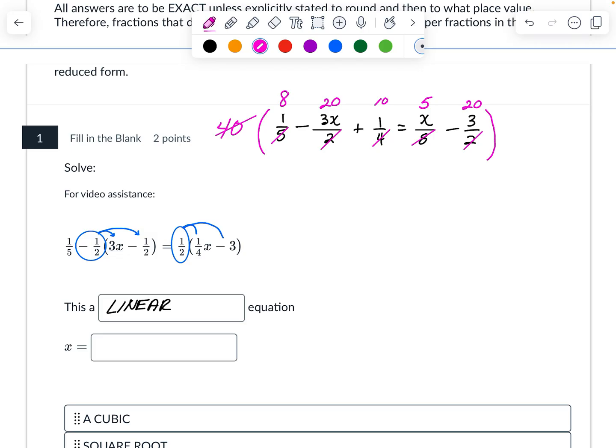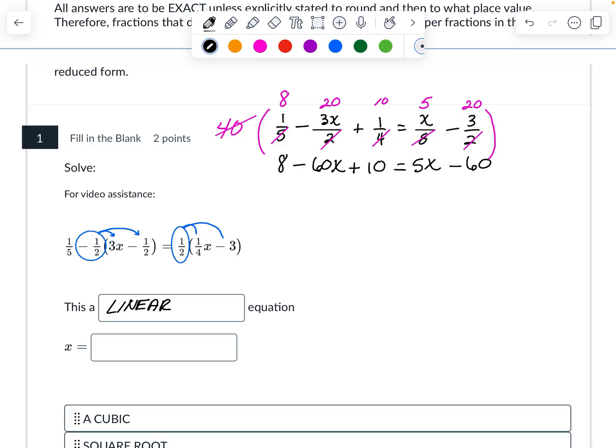So then I'm going to say 8 times 1 is 8. Minus 20 times 3x is 60x. Plus 10 times 1 is 10. Equals 5 times x is 5x. Minus 20 times 3 is 60. So now I have a problem with no fractions.